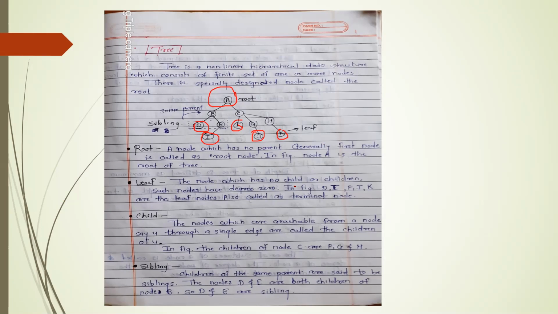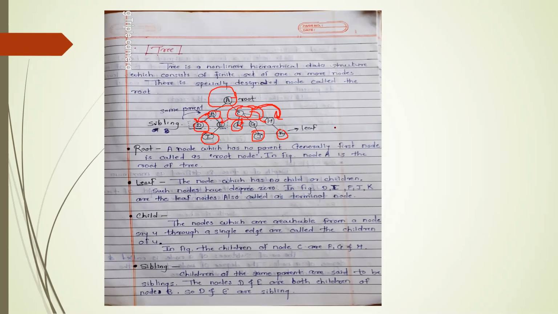In the figure, nodes H, G and K are children of node C. Means they are all reachable from the node C. D and E are children of B. Means all these nodes are reachable from B.